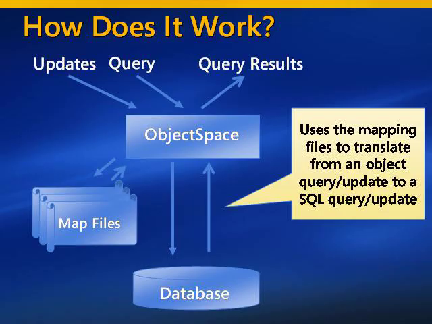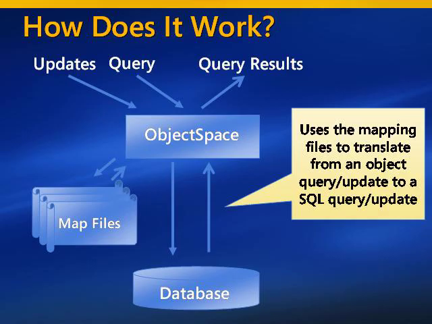So this is the simplest possible architectural design of what our framework is. There are just 2 pieces I want you to concentrate on. One is the object space, and the other are the mapping files. So you come to the object space and say, okay, give me a bunch of customers. The object space says, okay, customer. It goes to the mapping file, sees that those customers map to those particular tables, and submits the correct SQL query.